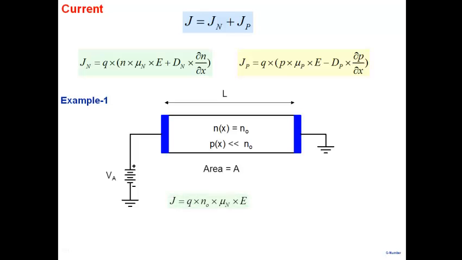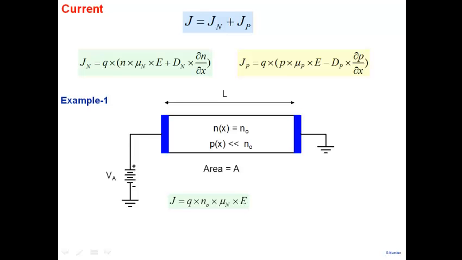Because I'm interested in current, I'm going to start with this equation: J equal to Jn plus Jp. Now my P is very small, so I'm going to neglect Jp. So I'm left with Jn. So J is approximately equal to Jn. Now when I look at Jn, I see two components, drift and diffusion.